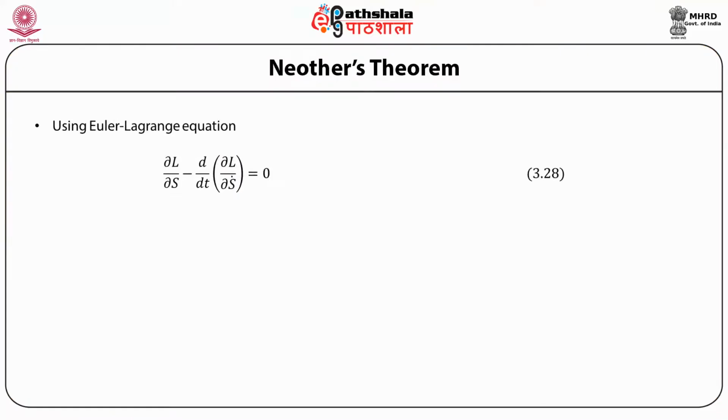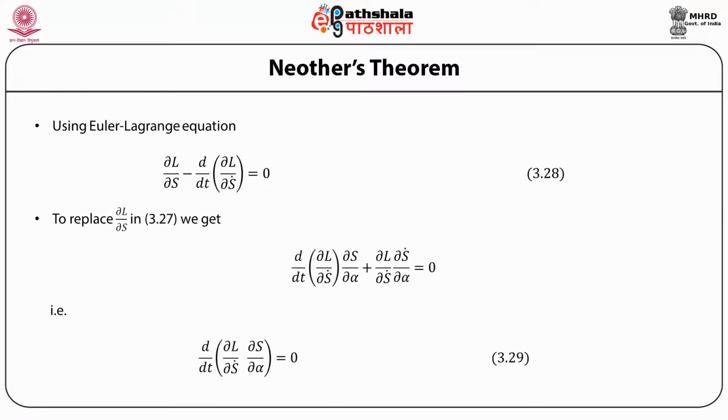So continuing the discussion of Noether's theorem, in the previous equation we now use the Euler-Lagrange equation, that is d/dt of ∂L/∂Ṡ is equal to ∂L/∂S, and we use this to replace ∂L/∂S in the previous equation.